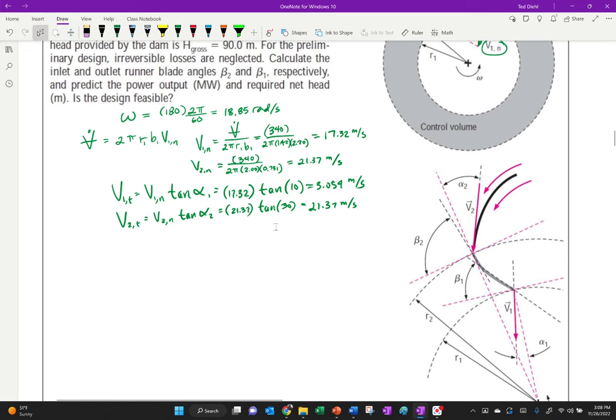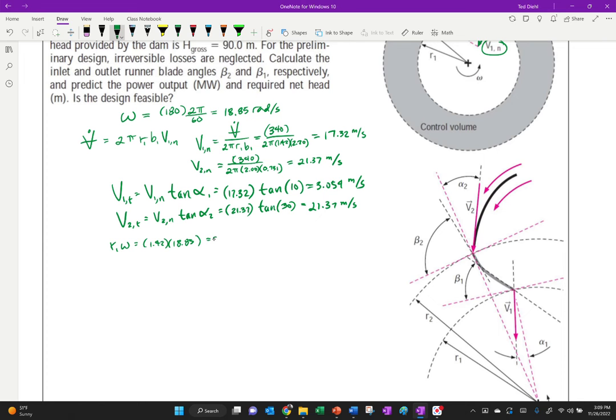And I'm going to go ahead and find my R's. My R2, I was doing 1 first, so I'm going to do 1 first here. R1 omega, just R1 omega, there's no 1 there. That's 1.42 times 18.85.